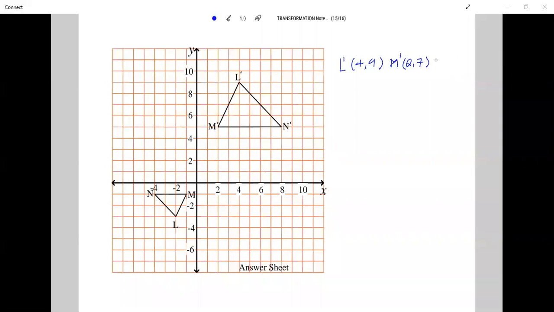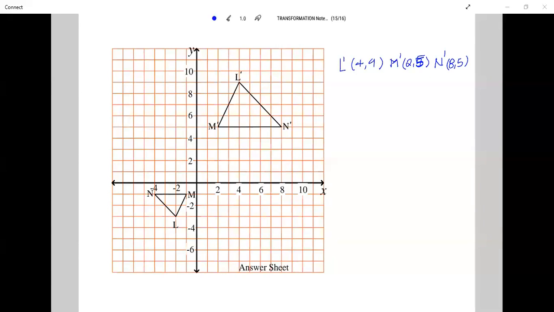The coordinates of N prime is 8, 5. So that's the first thing we're asked to do.